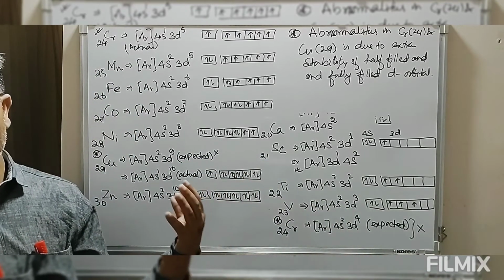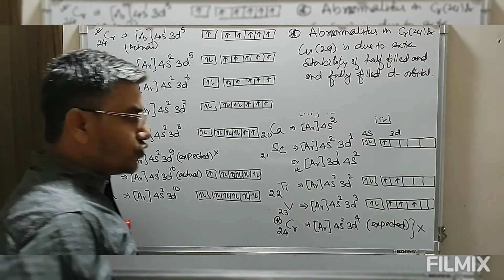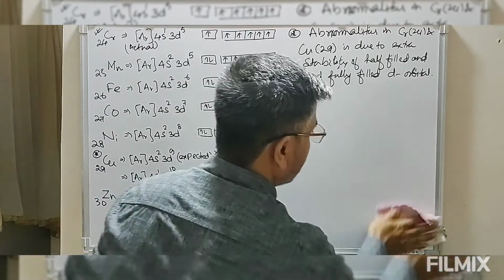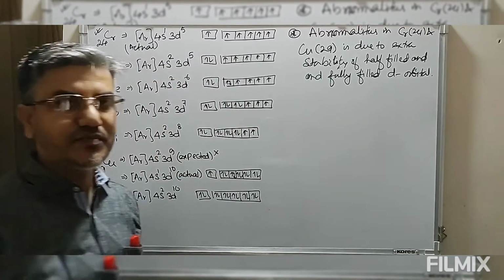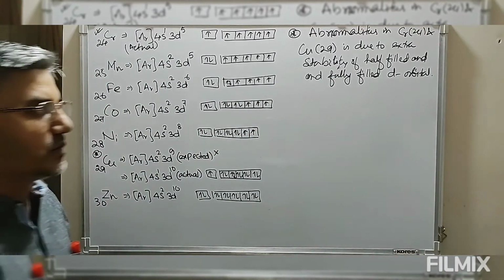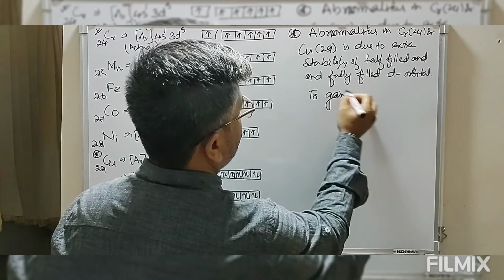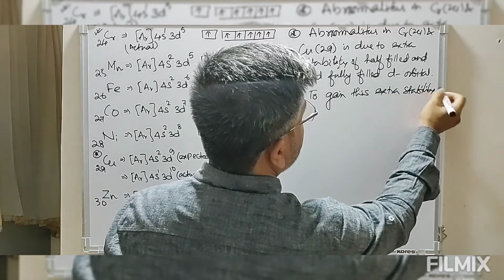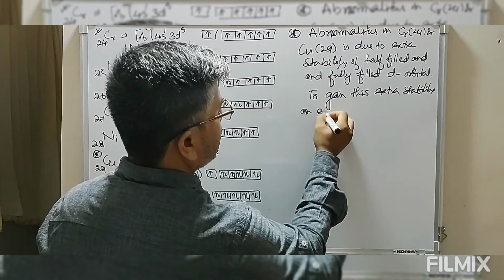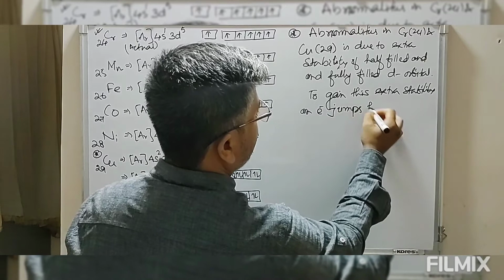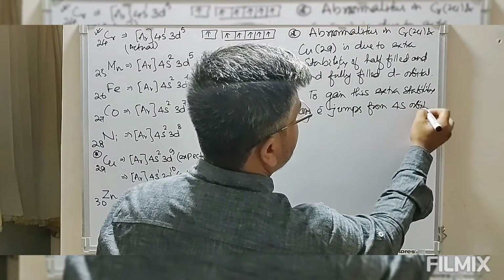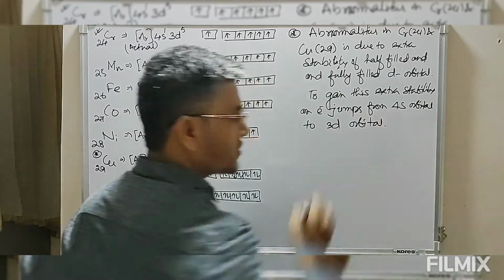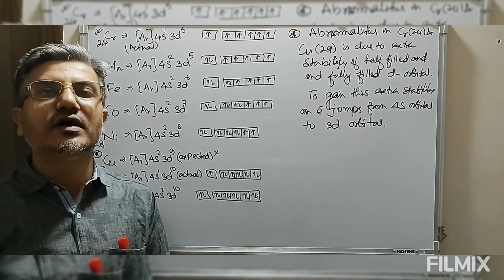from the above principle. So to get this extra stability, an electron jumps from 4s orbital to 3d orbital, so that it becomes half filled in case of chromium and fully filled in case of copper.